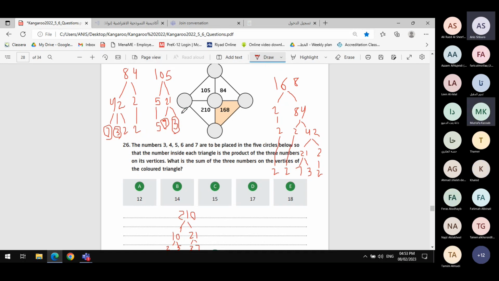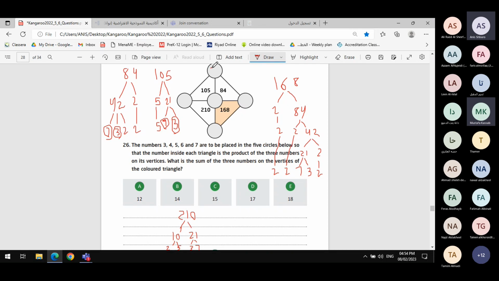84 and 168 and 210, they all have 2 in them. Yes, it doesn't matter, 105 doesn't have 2, so it doesn't count. So I have the 7 and the 3 between those two numbers common, right? So let's put them.